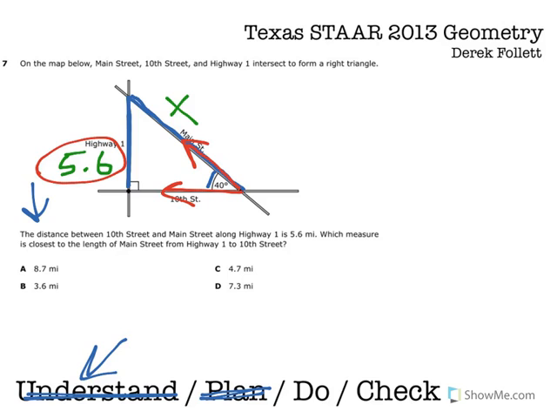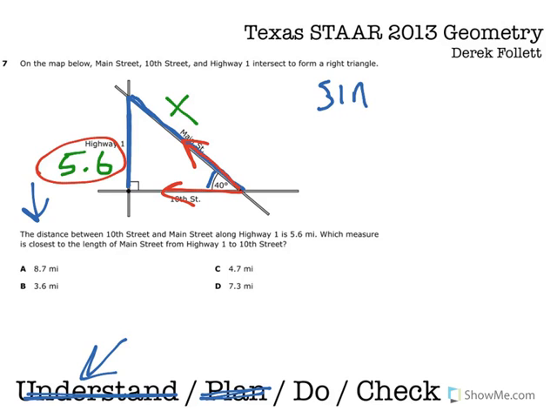It's not on one of those rays, so it's not adjacent, it's opposite. And x is the longest side, so that's the hypotenuse. So which trig function involves opposite and hypotenuse? Well, that's sine.